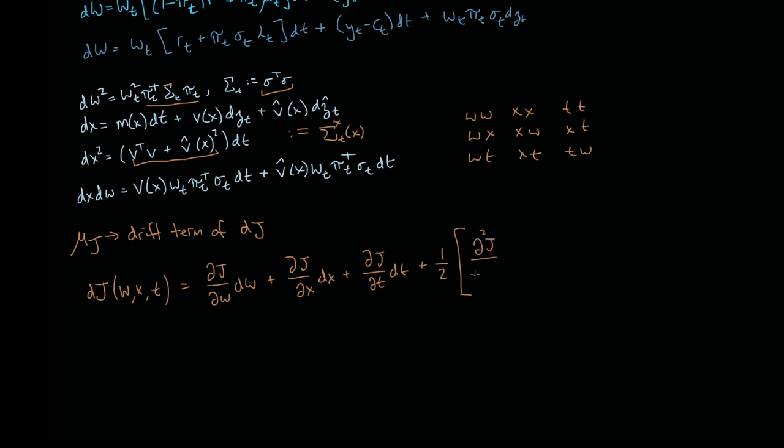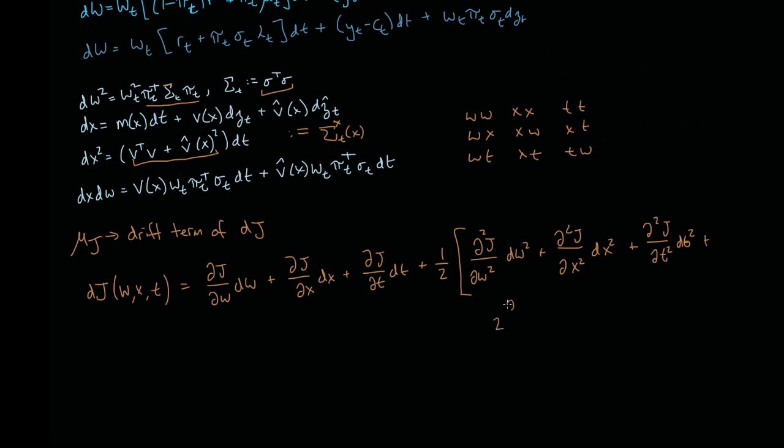Partial squared J over partial W squared dW squared plus partial squared J over partial x squared dx squared plus partial squared J over partial t squared dt squared. And then we'll do the cross terms, and we have 2 of each of these.